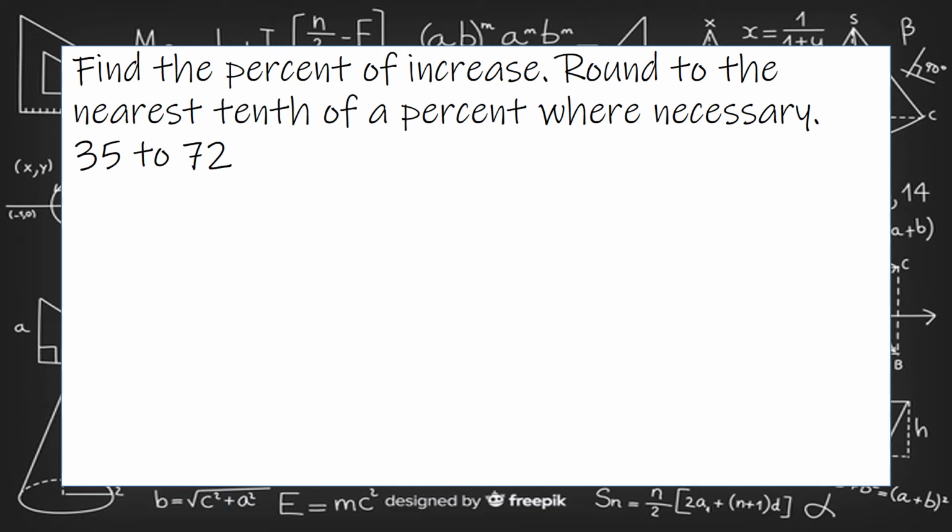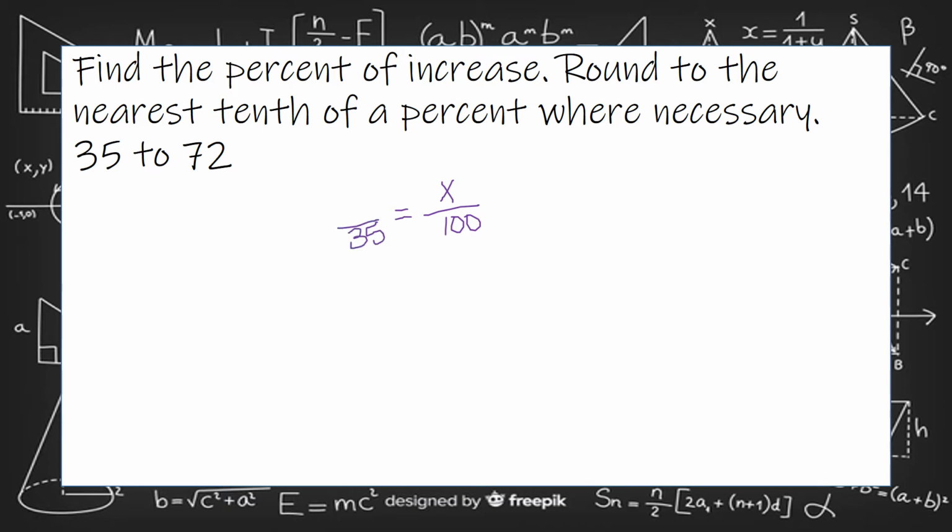Find the percent of increase. Round to the nearest tenth of a percent where necessary. So on this one, we're going to set up a proportion. So we need to figure out what percent the price increased.